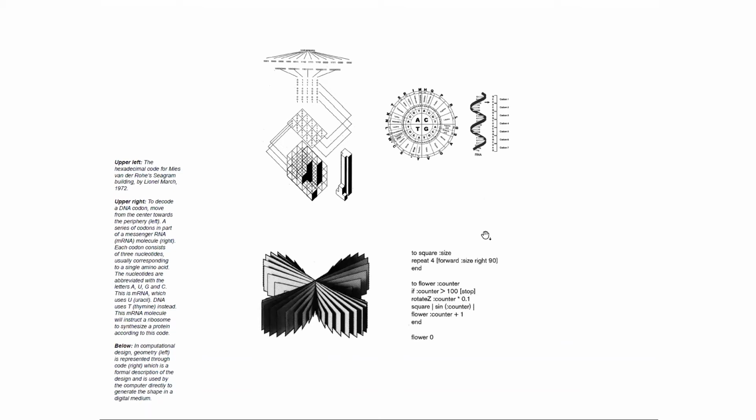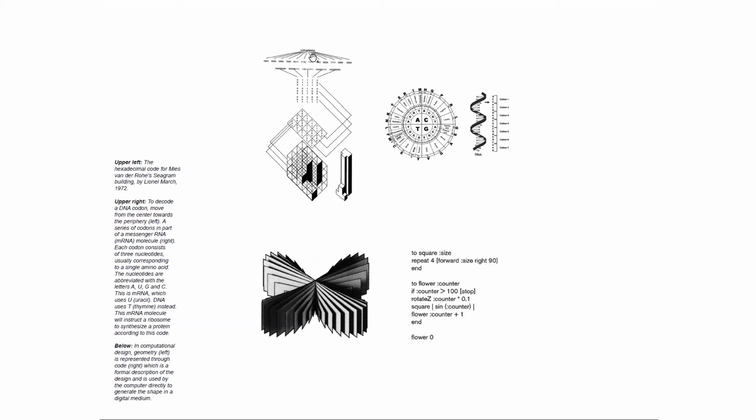Okay, and now this shows the idea that we can encode spatial information using either lists, arrays, or grids, multi-dimensional arrays. This is one early example from Lionel March, 1972, using a hexadecimal code. Again, I apologize, this is very small, but in the PDF you can zoom in.